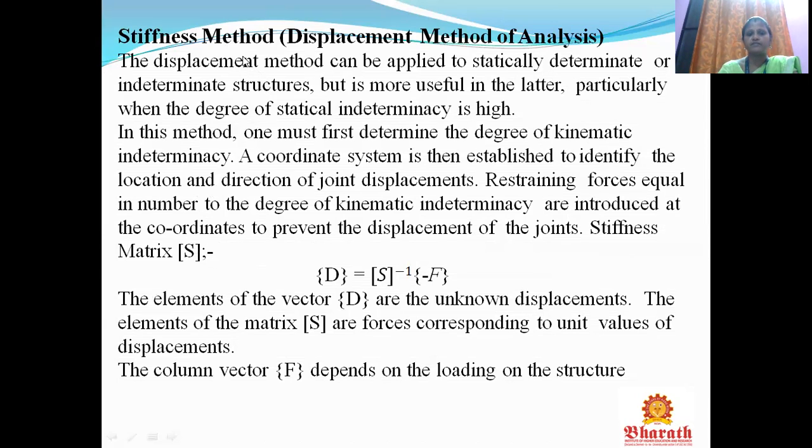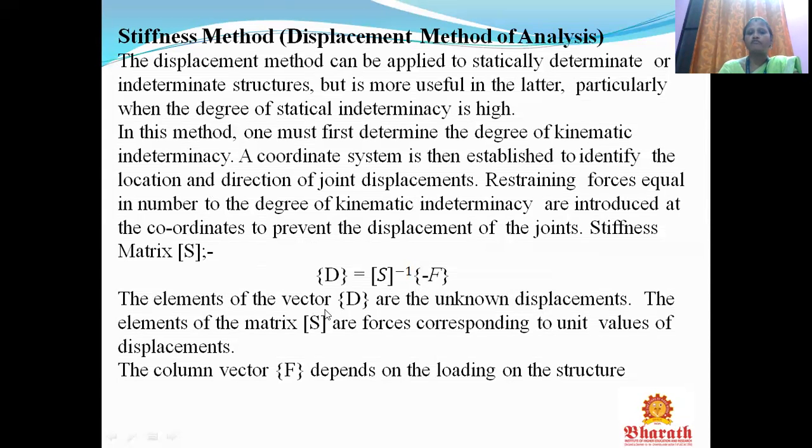In the stiffness method, the notation they are using is the matrix S. S means stiffness. The formula is S is equal to D minus F. If we take S to the other side, it will become an inverse, so D is equal to S inverse into force.